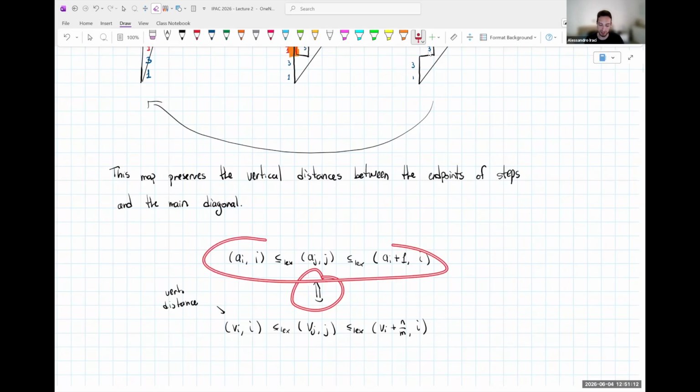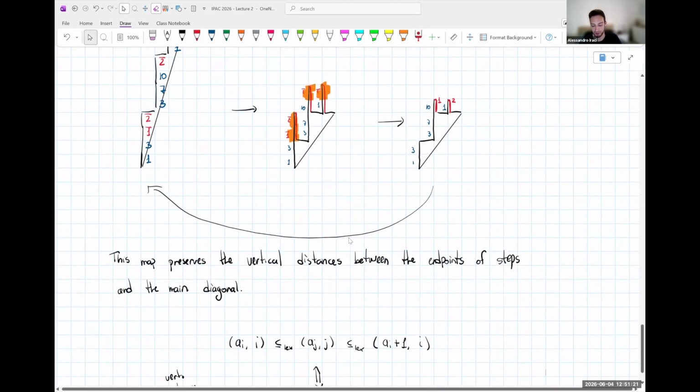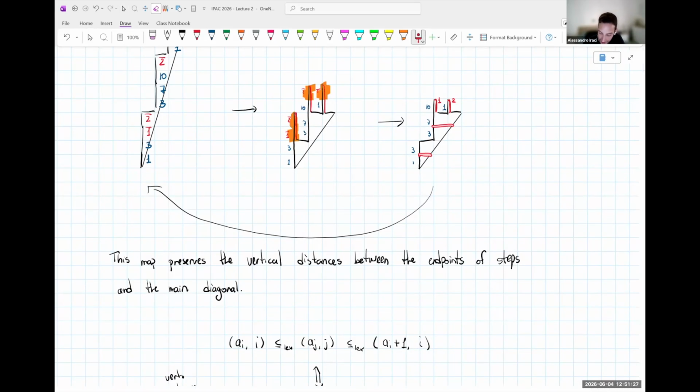Comparing the horizontal distance and comparing the vertical distances is a lot more difficult. It's a lot easier here because the inequalities are just preserved. They're similar triangles, right? If this is greater than this, then also this is greater than this. These two triangles are similar.